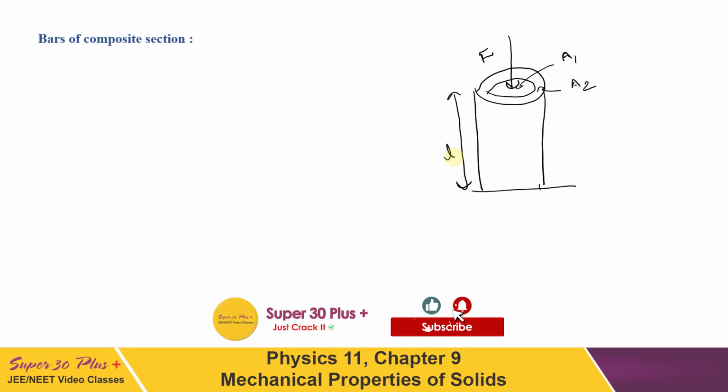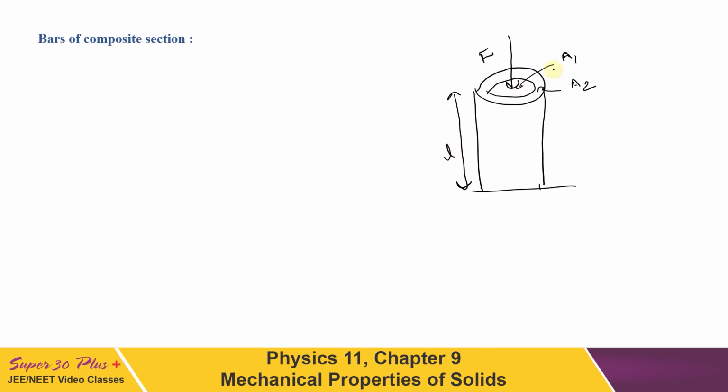The inner section, which is having area A1, is made up of a material of Young's modulus Y1. So for this inner one, Young's modulus of material is Y1. For the outer one, it is of Young's modulus Y2.